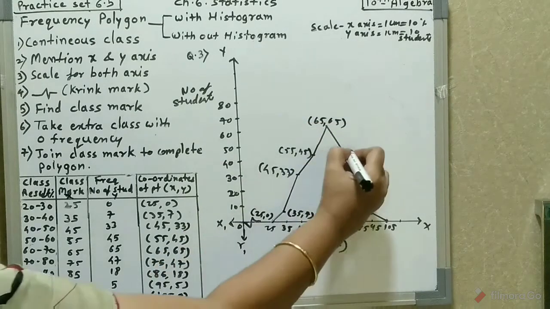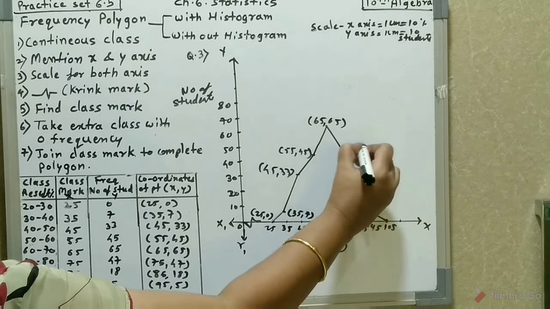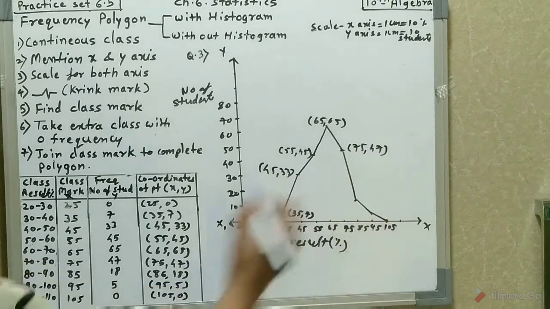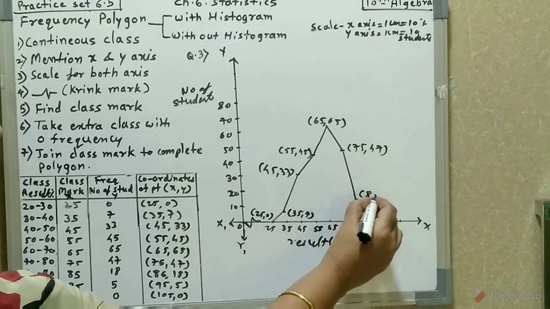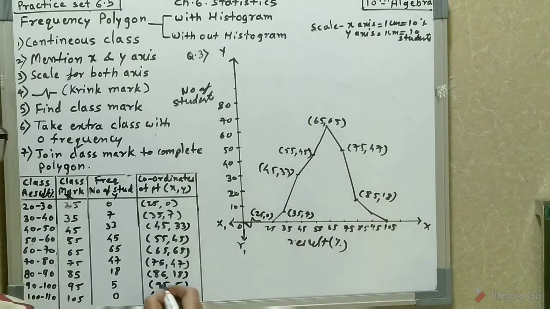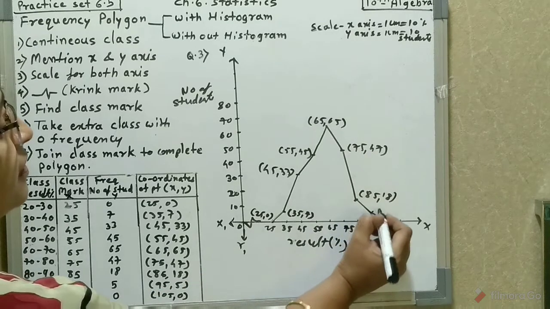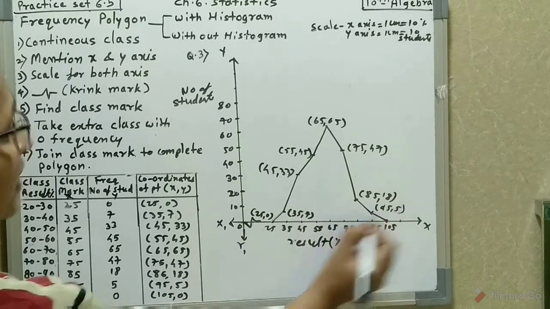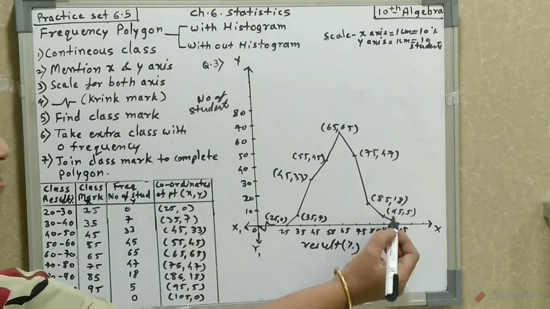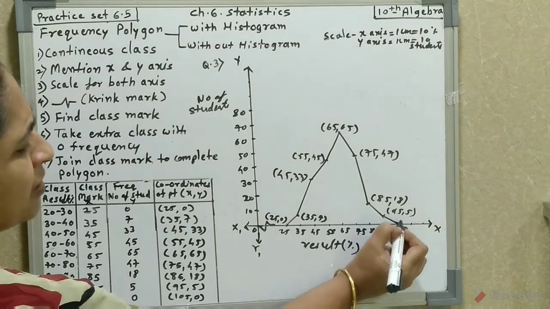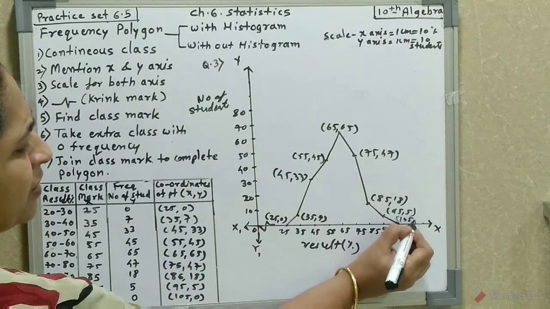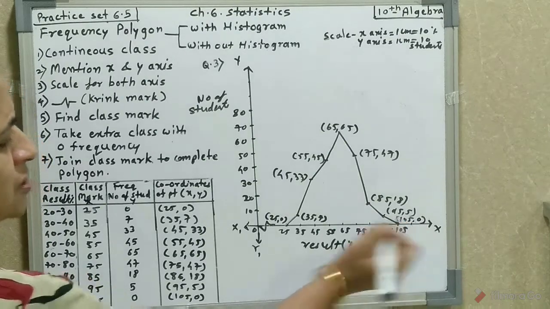Then 75, 47. Here 85, 18. And then 95, 5. And now the last point is 105 and 0. So we write here 105 and 0. This is the last point.